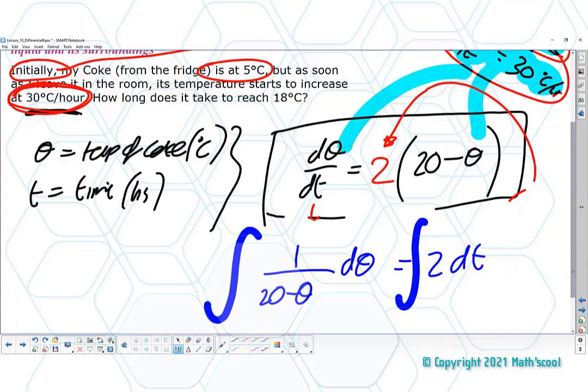Then we're going to integrate both sides. We'll get an A inside the ln. Then we'll rearrange it, make theta the subject. And then we'll put in t is 0, theta is 5.